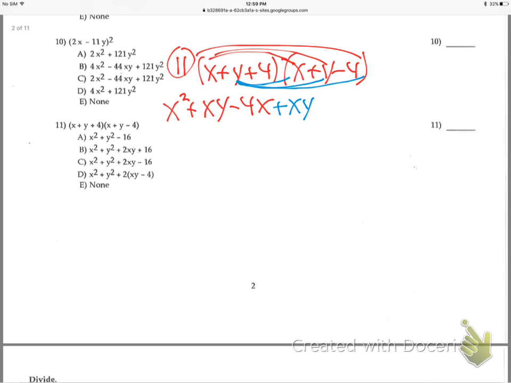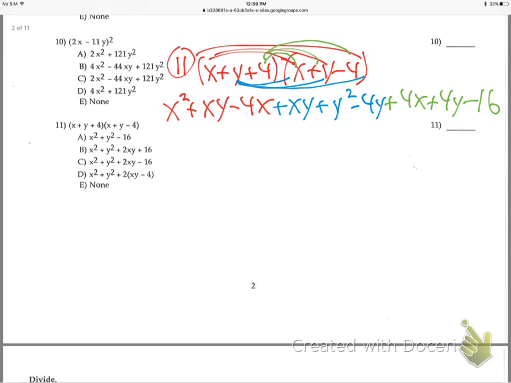Plus xy plus y squared minus 4y. And then the 4. Plus 4x plus 4y minus 16. Everybody good with that? 9 terms, 3 terms, 3 terms, 3 terms from all the multiplications. You able to track with all those?